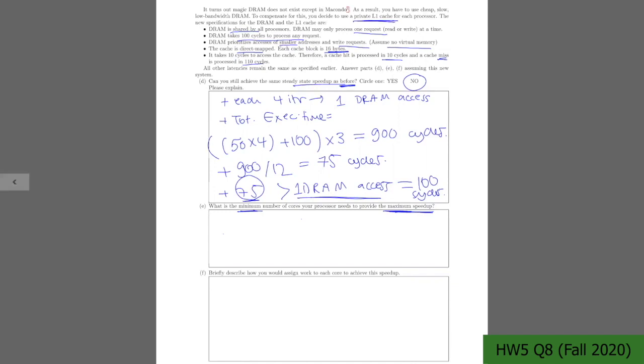Since each block is 16 bytes, and each 4 consecutive indices would hit in the cache, it is very important that each 4 iterations here be executed on 1 core.